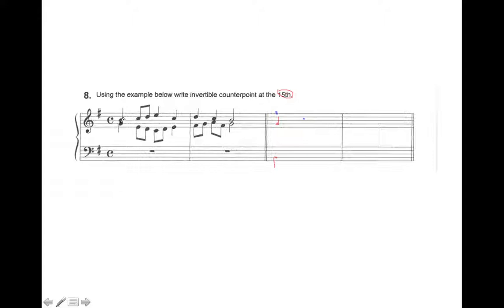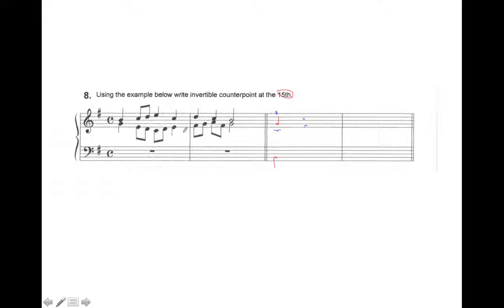Okay, so move that up an octave, move this one down an octave, so it starts down here on this B here. It would go up to the F, and then the rest of it should be okay. Yeah, so you're okay to do that.